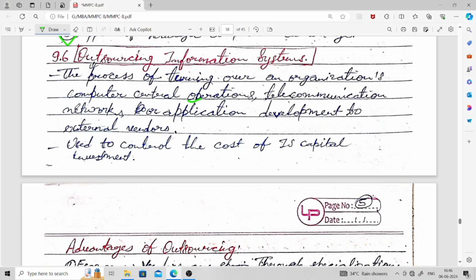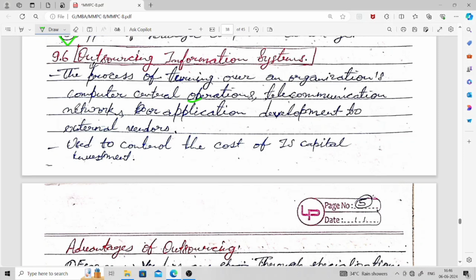So why do we use outsourcing for the information system? So that the cost can be reduced, because if we develop the information system internally, then we need to invest a lot of capital, for using or developing the information system in the organization.